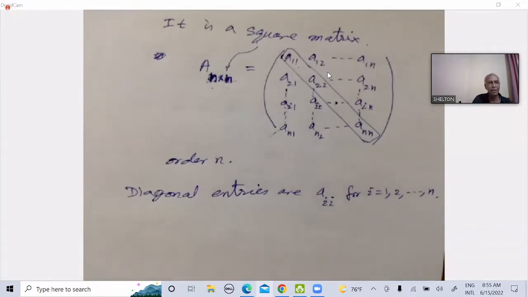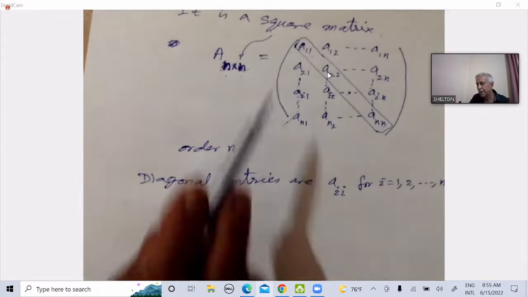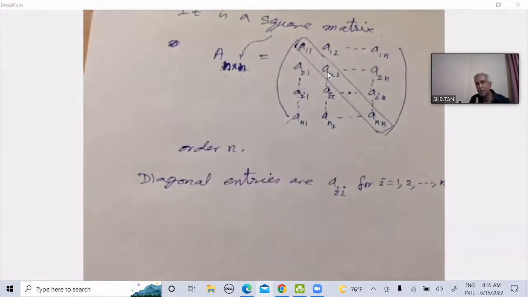What is an identity matrix? An identity matrix is a matrix whose diagonal entries are all equal to 1 and whose other entries are all zeros.